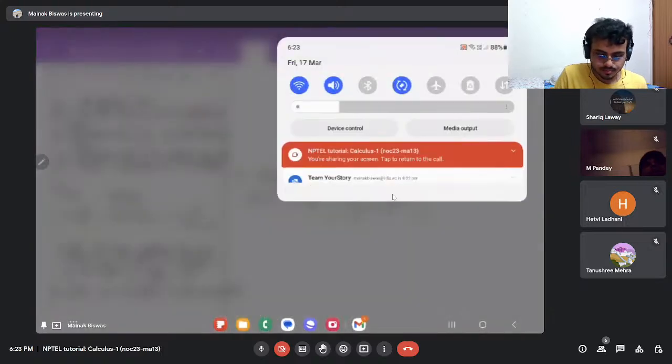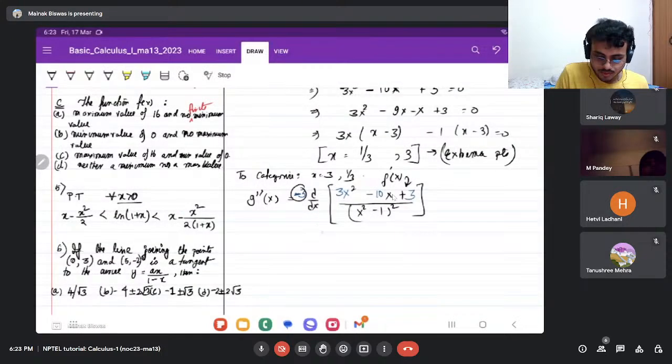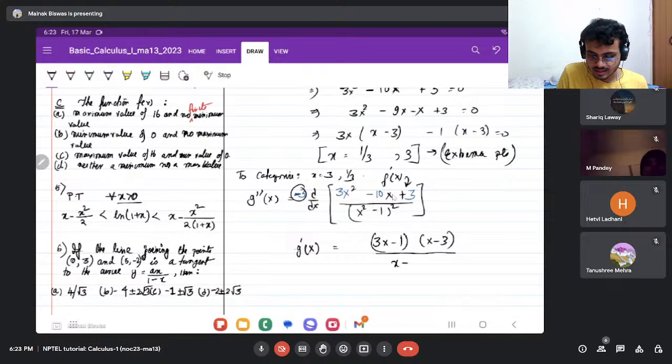This function g dash x can be written as 3x minus 1 and x minus 3 by x plus 1 or x square minus 1 squared. So you have something like this, right?